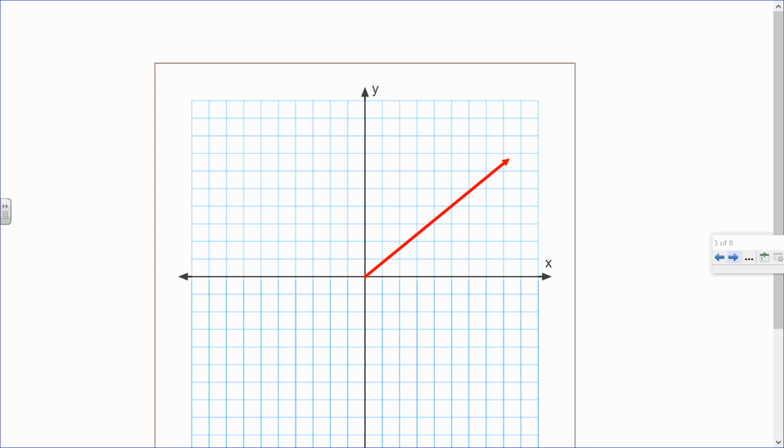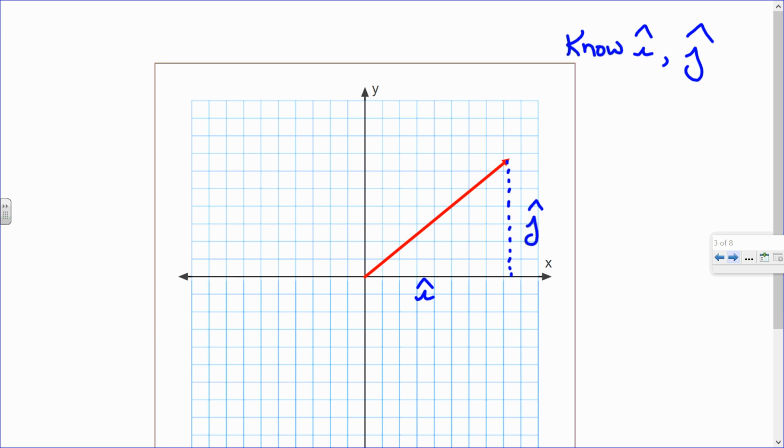Wherever it ends up, if we were wanting to do it in rectangular coordinates, that would mean we know how far we go left or right, and we know how far we go up and down. So if we start off and we know what those two numbers are, we know i hat and j hat, and we want to get how long it is, we want r, and we want to know what the angle rho is.